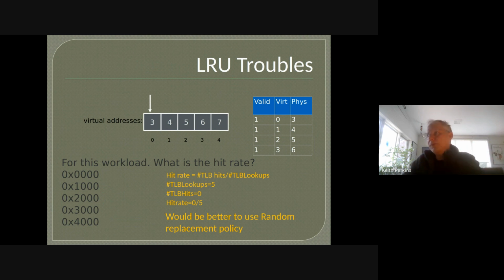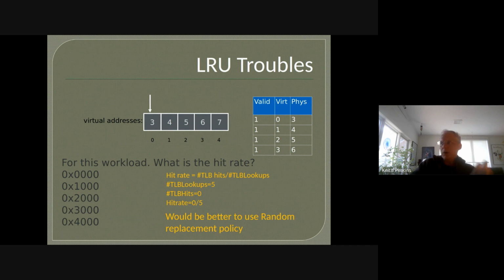And if I keep following this workload, where I'm accessing 5 pages repeatedly, where my TLB only holds 4 entries, I'm going to get a hit rate of 0. So this is where least recently used kind of falls apart. And least recently used is going to require some hardware to implement it.